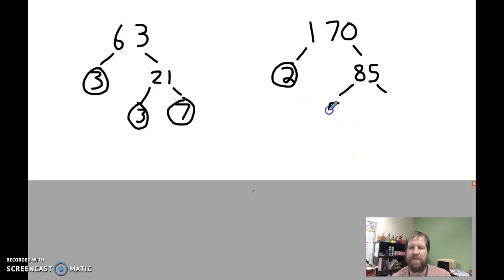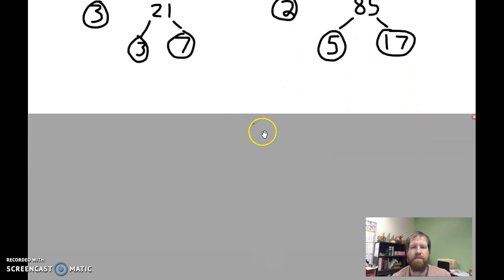I'm going to pull out 5, because it's pretty obvious that 5 is a factor. If I pull out 5, that would be 17, I think. Yeah, 17 is my other factor, and 17 is prime, so again, I am finished.